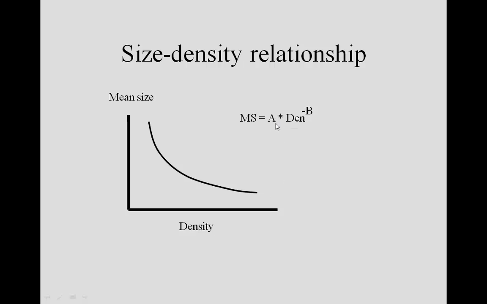The a coefficient here is simply the level of this line. We could have a whole series of curves, all with the same shape, all with the same exponent, just differing in the level. Okay, so they'd have different values of a, all of them parallel.